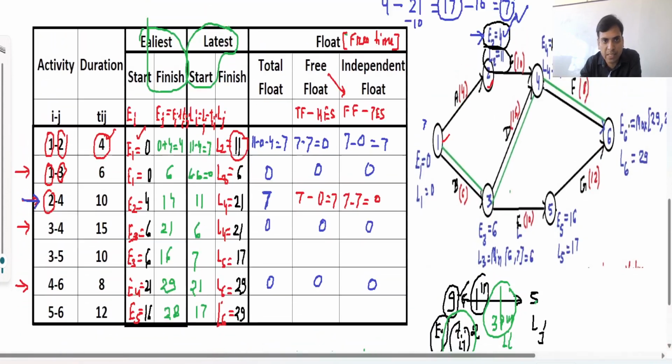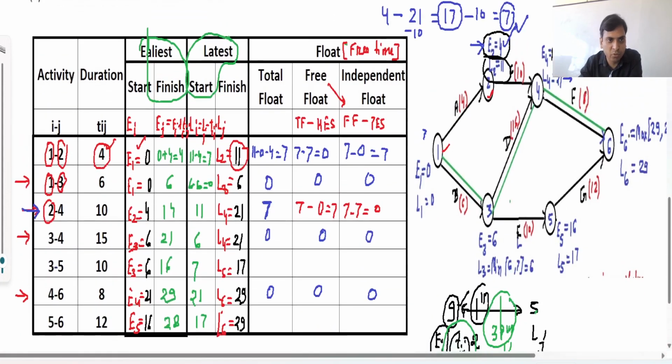Now the next activity, 3 to 5. 3 to 5 means from this location to this location. So this is E, this is L, difference 17 minus 6 minus the duration of this activity, which is 10.